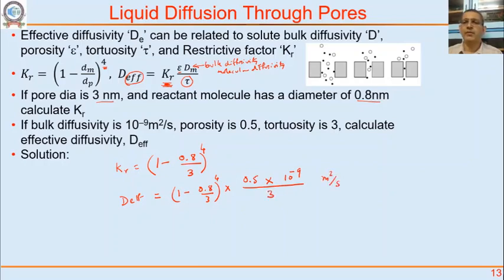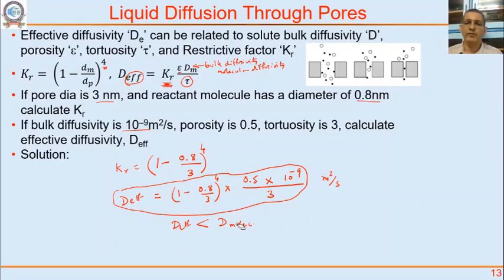This will be the effective diffusivity. You will see that this effective diffusivity is going to be less than the bulk diffusivity. The effective is less than the bulk molecular diffusivity. Bulk diffusivity, let's call it as bulk.